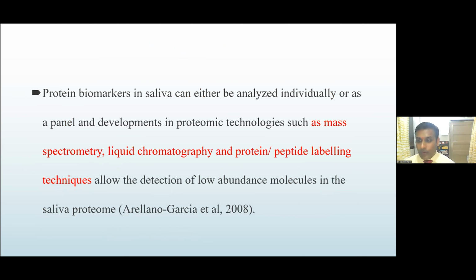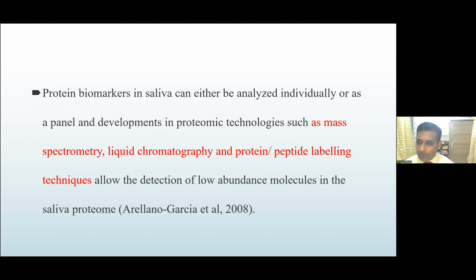widely employed in day-to-day practice, primarily because of the presence of highly sensitive techniques such as mass spectrometry, liquid chromatography, as well as NMR spectroscopy, which help in identification of those molecules which are found in very low quantities.